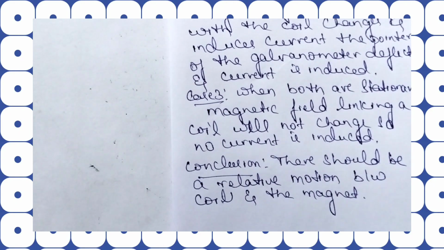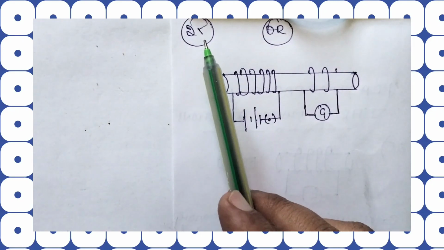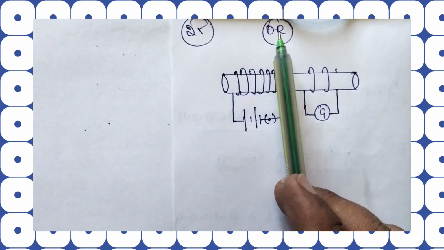Either the coil should move and the magnet should be stationary, or the magnet should move and the coil should be stationary. So like this we have to explain 3 cases. Now let us move to the next. In that, only the internal choice question is there. So let us answer that question. Now let us go for the 25th question, the internal choice question.